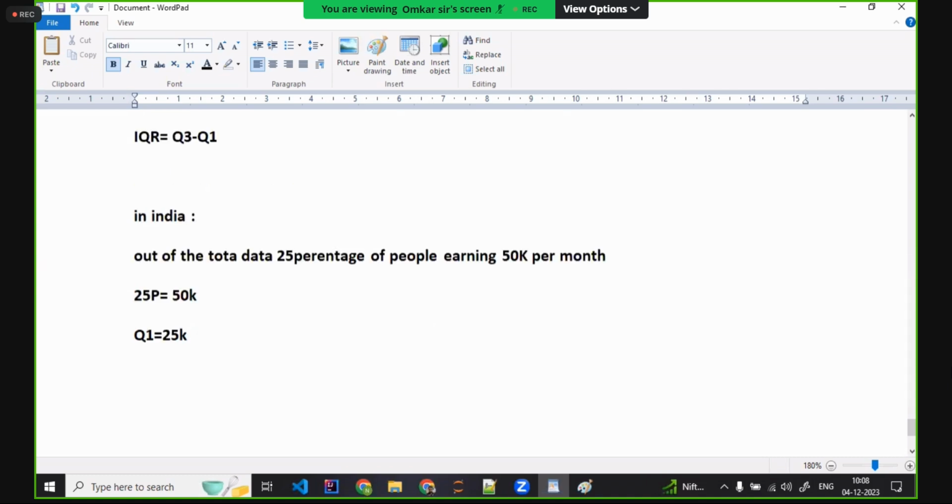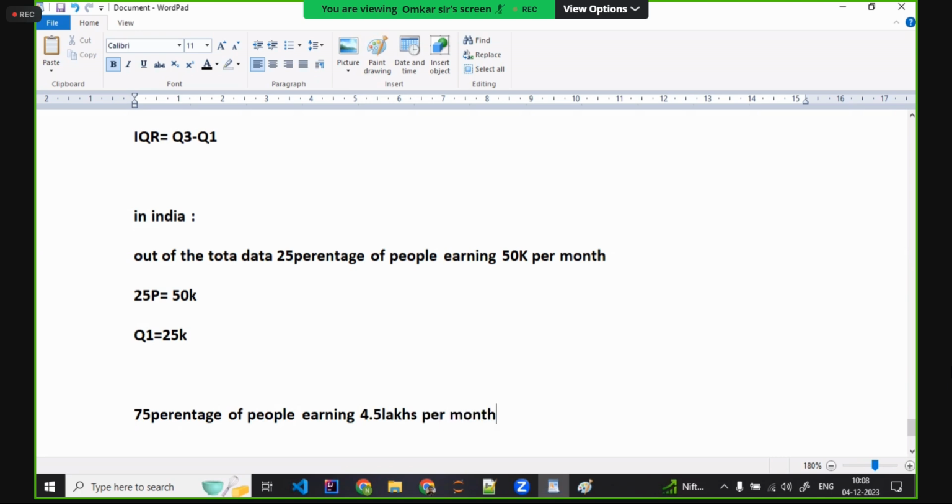Similarly, 75% of people are earning 4.5 lakhs per month.